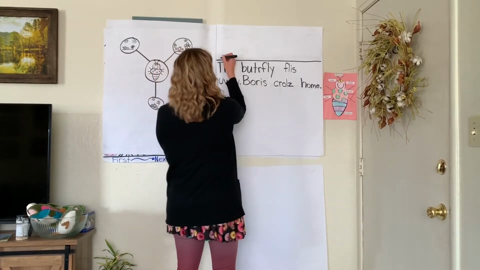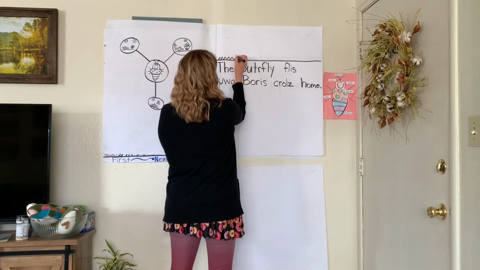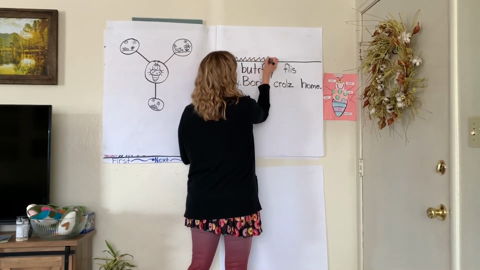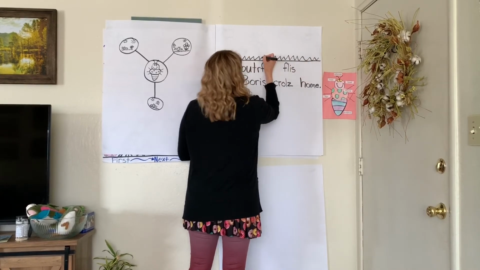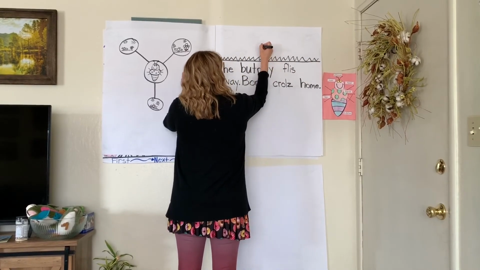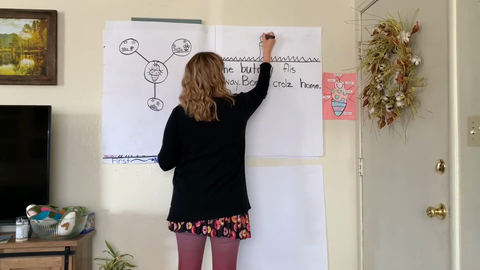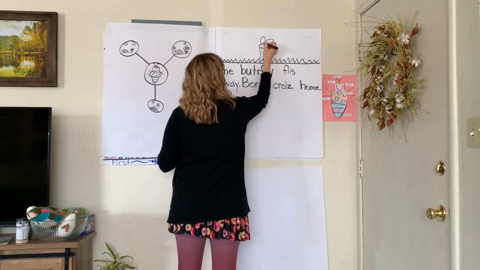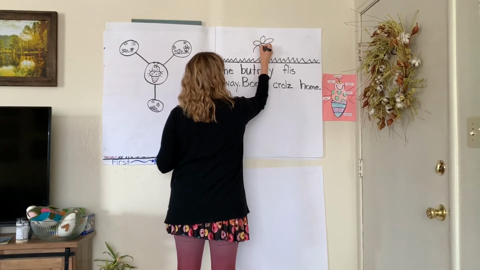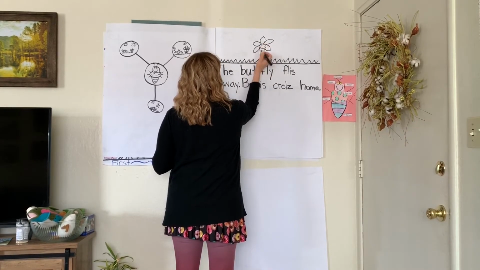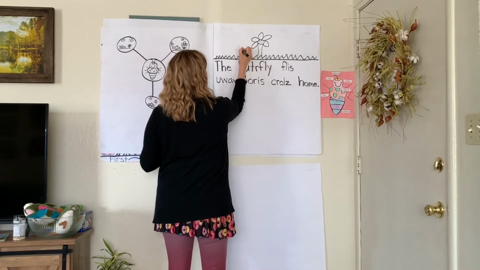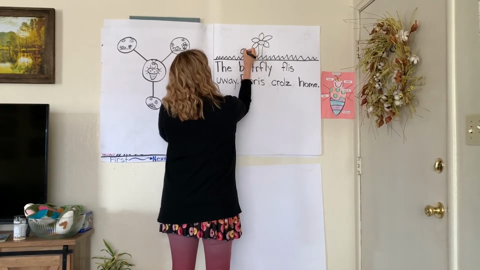So now I'm going to draw that in my picture, my illustration. I remember Boris has been in the grass this whole time, crawling along. Here's the flower that they were on, or next to. And I know I'm drawing kind of quickly, but I want you to take your time and do your best job. Draw a nice illustration for your picture.